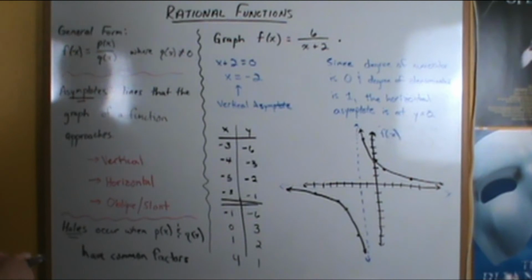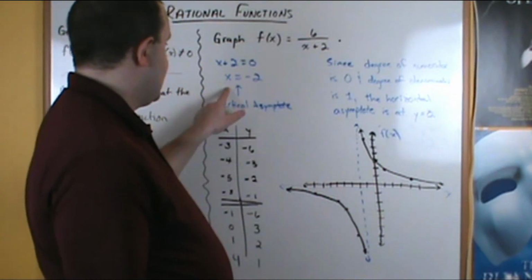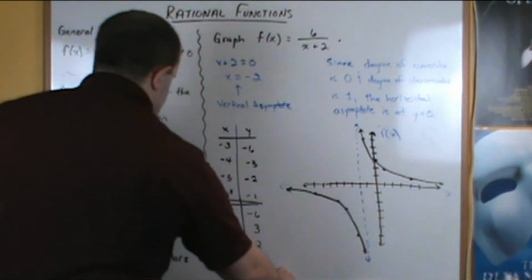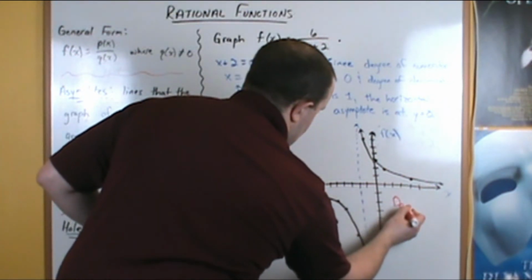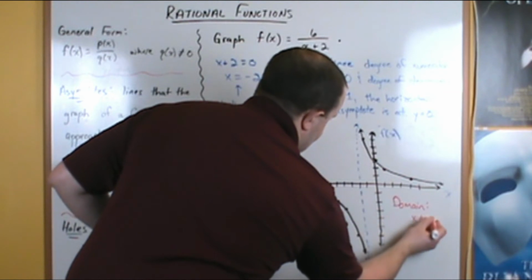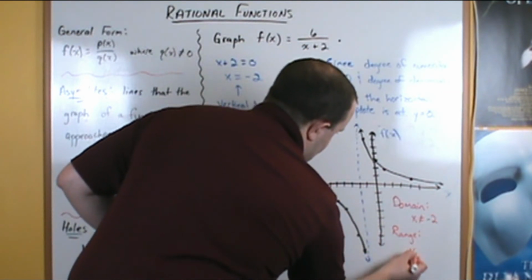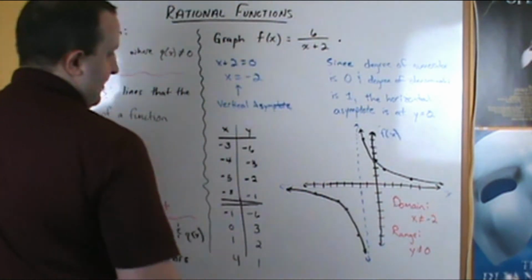And then we could talk domain and range. The domain here is all values of x that aren't -2. So we could say our domain is x cannot be -2, and our range is y cannot be 0, or f of x is not 0.